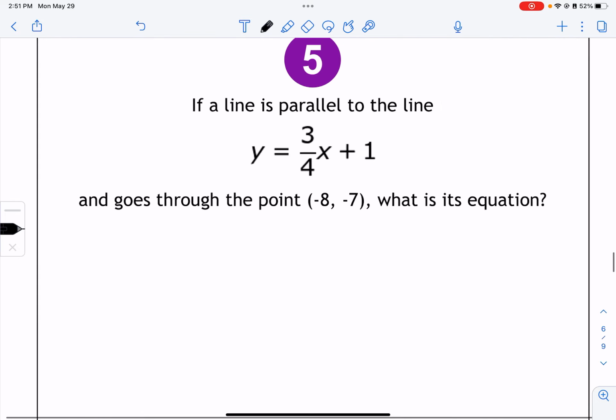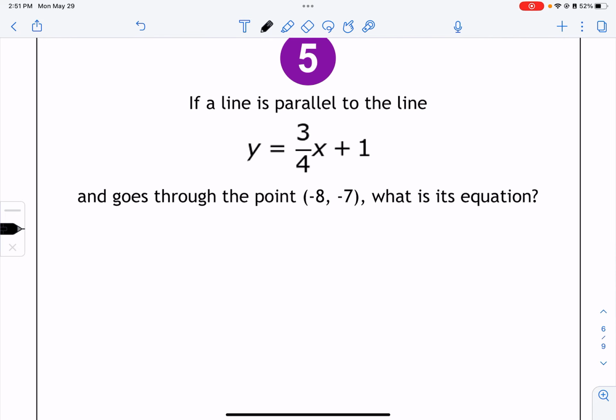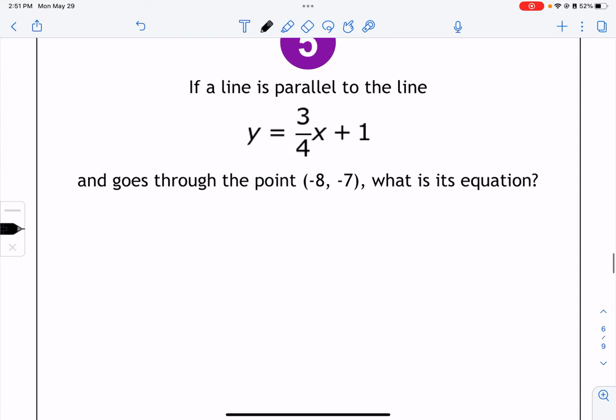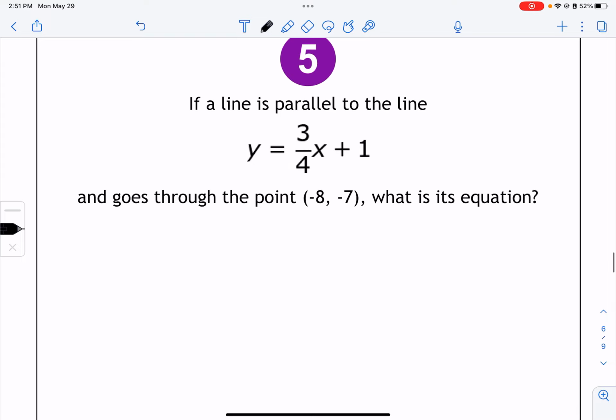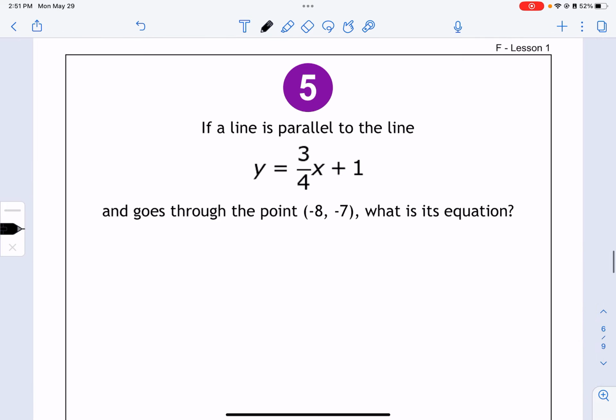All right, number 5. If a line is parallel to the line 3 over 4x plus 1 and goes through (-8, -7), what is its equation? And so we have to break down, okay, what does this mean? Well, if a line is parallel, we know that means same slope.